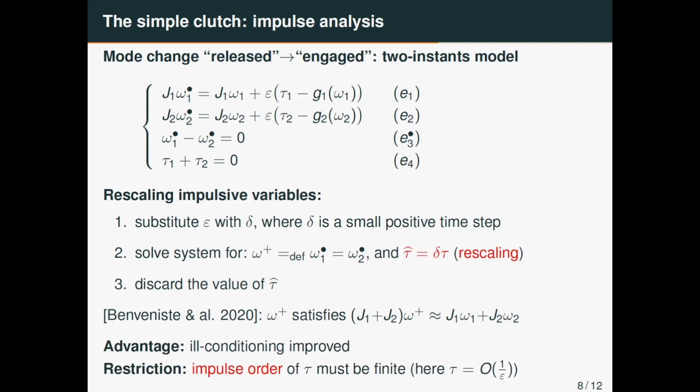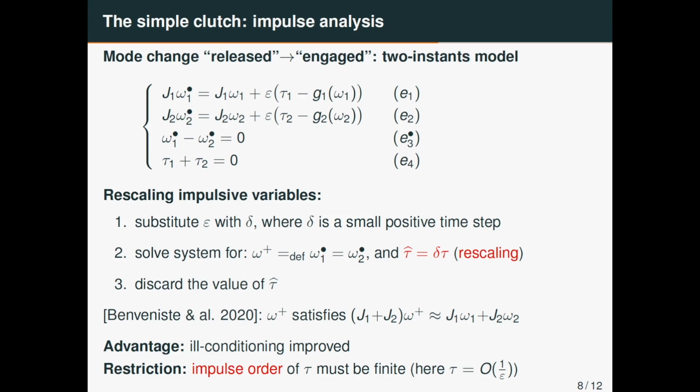A natural improvement consists in rescaling the impulsive variables. Here, we know that the product epsilon times tau should be finite. So, we change the variable by rescaling the torques in the system as shown. This has the advantage of improving the ill conditioning of the brute force scheme. This advantage was confirmed by the experiments on small examples we did.